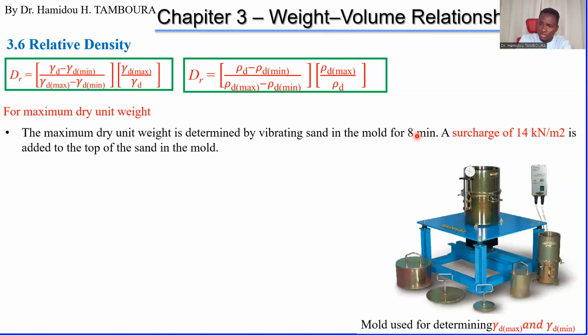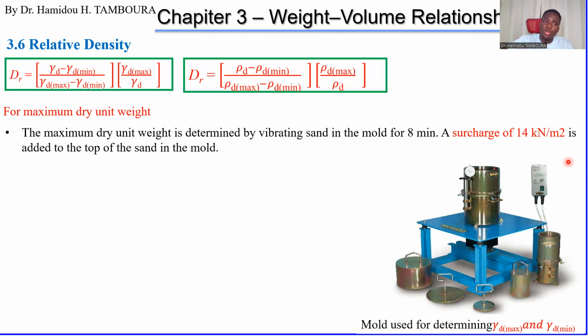And while you are vibrating, you have a surcharge of 14 kilonewton per square meter on your soil. For example, if you see this mold, you have this load, the surcharge. You can put it on the top of the soil to obtain this 14 kilonewton per square meter.